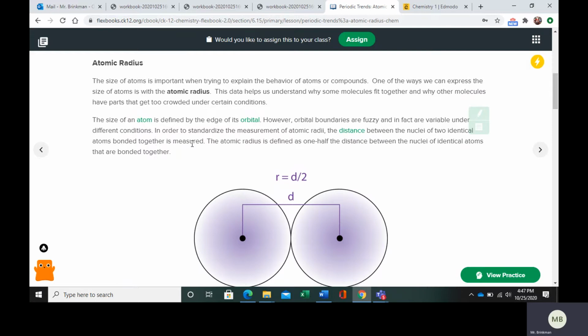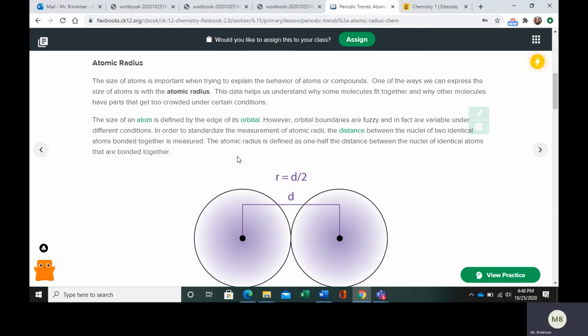If you were to take two hydrogen atoms and bond them together as an H2 molecule, you would measure the atomic radii, which would be the distance between these two nuclei, these two centers of these atoms.